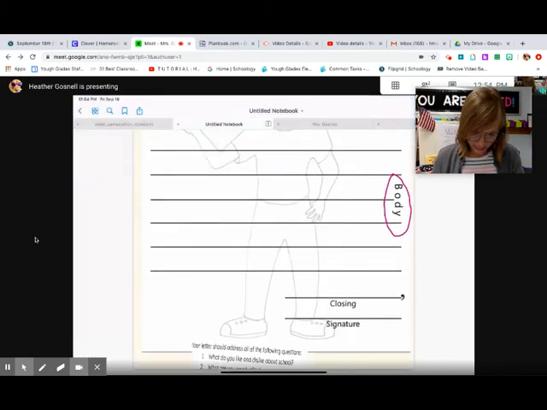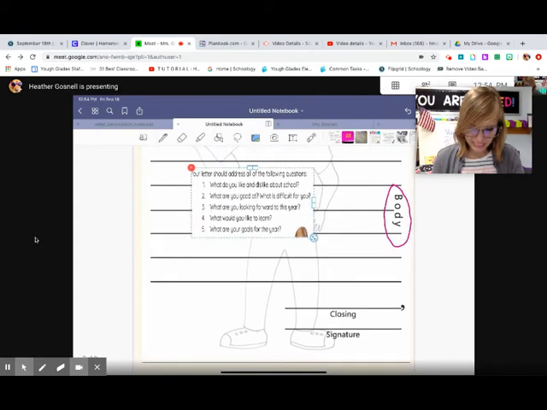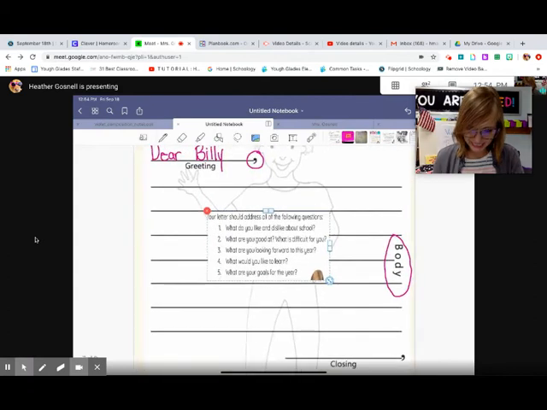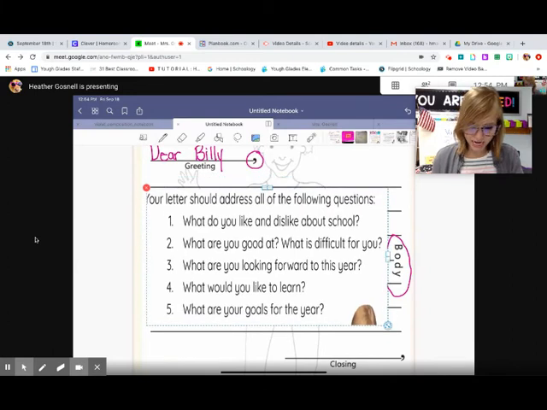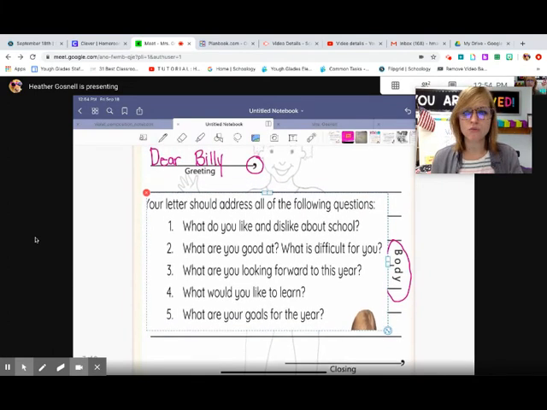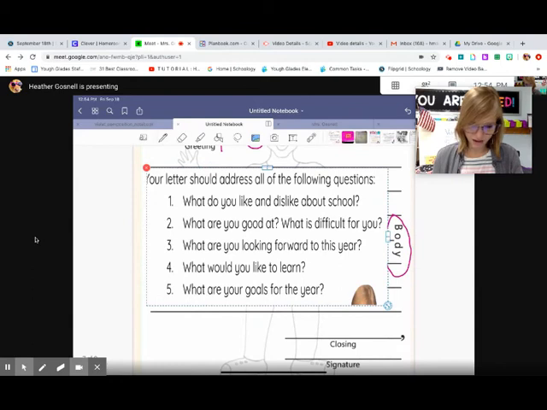I'm going to go ahead and drag them up because the answers to your questions here, that's the body. So if you made nice sentences like I told you, your answers to these questions are going to go right there in the body. Okay? That's the most of your letter, the majority of your letter.